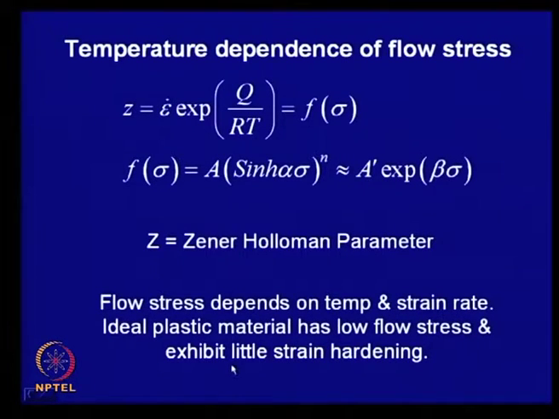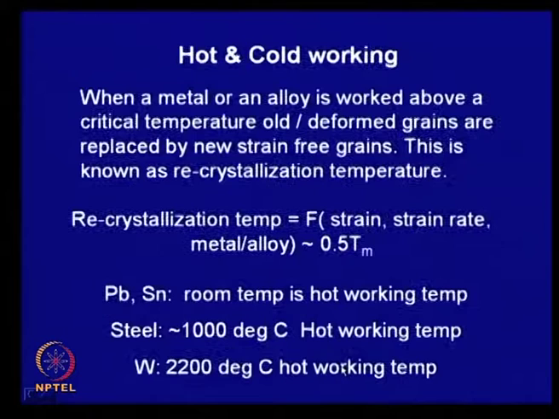At higher temperature, the stress is also very low, and the material shows very little strain hardening. Usually we find there is a critical temperature. In a metal at room temperature there is strain hardening, but as you increase the temperature, the deformed grains are replaced as you keep deforming.